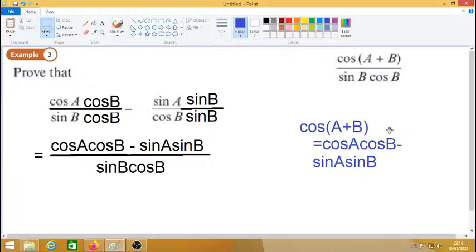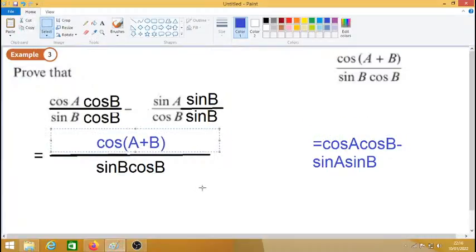It's really the same thing. So that can be replaced. And just take a quick look. The top matches and the bottom matches. So we are done.